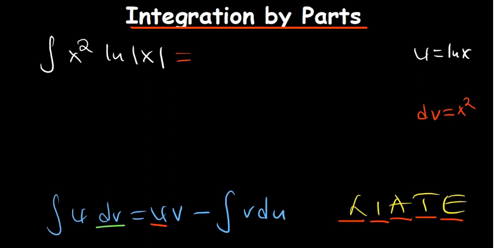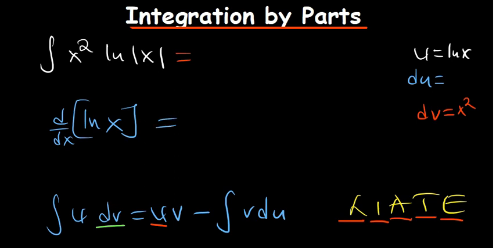Of course we can start by determining the du, which is going to be the derivative of natural log of x. So how do you differentiate the natural log of x? You differentiate natural log of x by u prime over u, as simple as that. So our u prime in this case is just the derivative of x, which is 1, divided by x itself, so 1 over x.